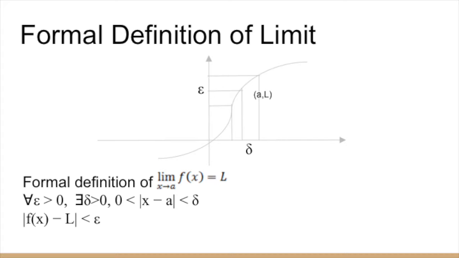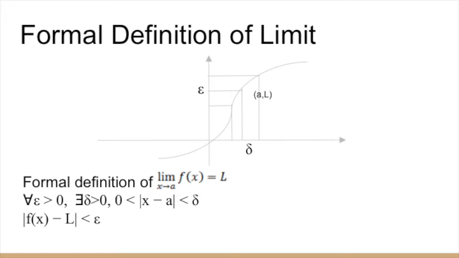The phrase, as x approaches a, indicates that we refer to values of x whose distance from a is less than some positive number delta, that is, values of x within either a minus delta or a plus delta, which can be expressed with 0 is less than the absolute value of x minus a is less than delta.